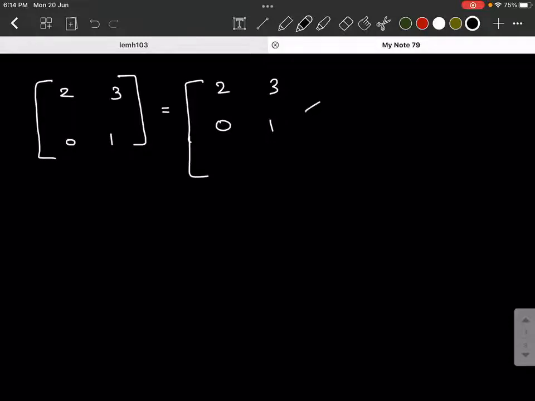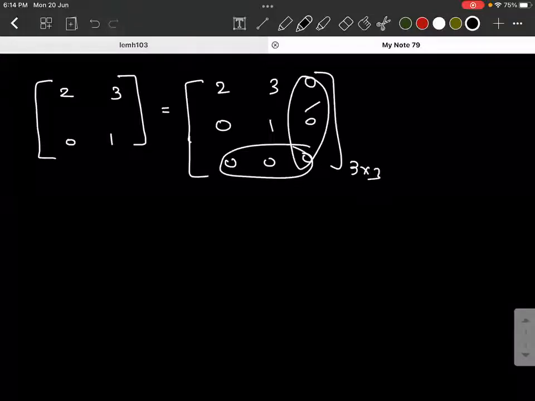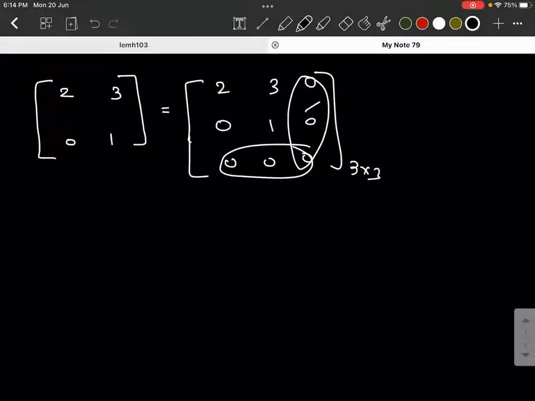This is a 3 cross 3, is it not? No, they cannot be equal, because we don't have information about these elements and these elements.